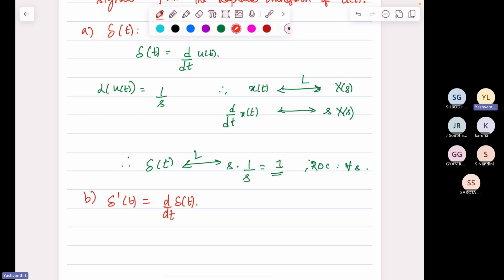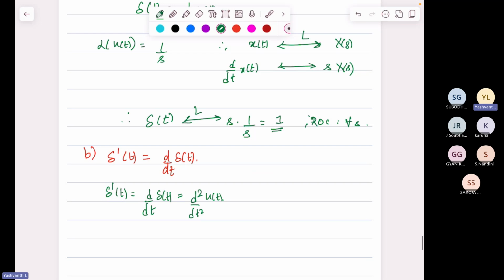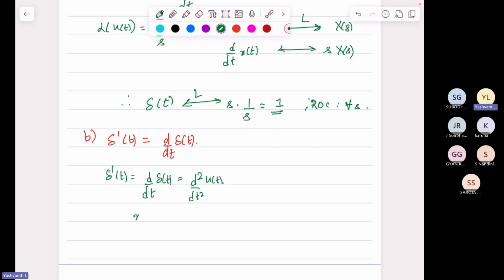Okay. Simple. So what is delta dash of t? It's nothing but d/dt of delta(t). That is nothing but d square by dt square of u(t). Therefore, let x(t) be u(t), which means X(s) will be equal to 1 by s.